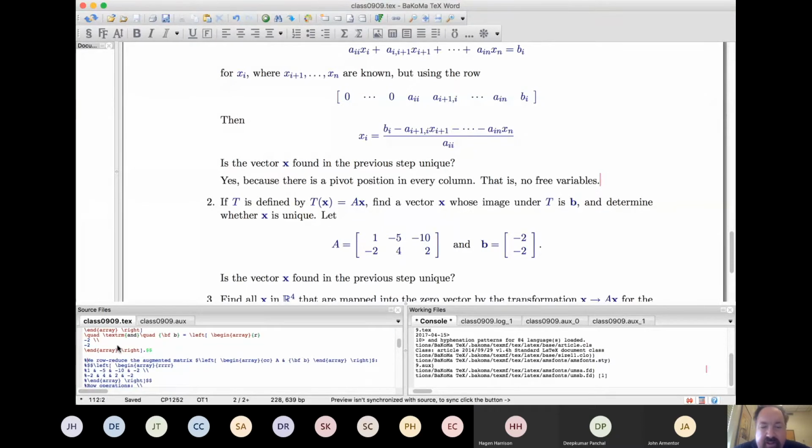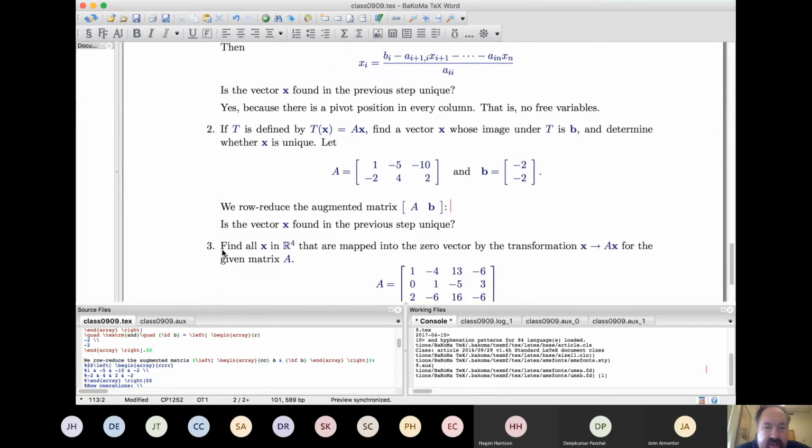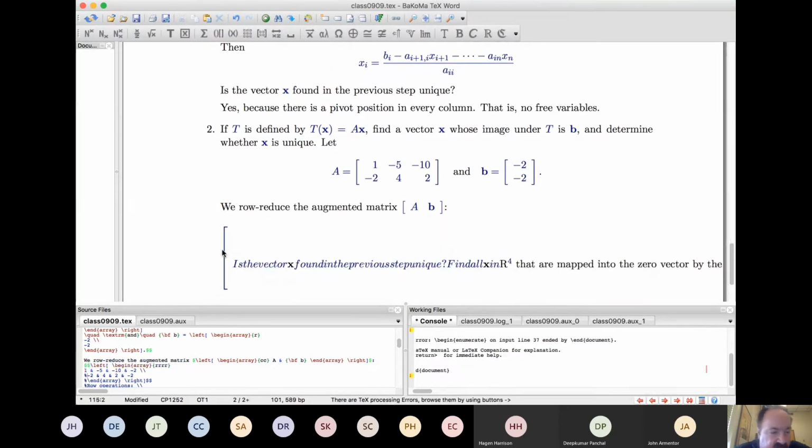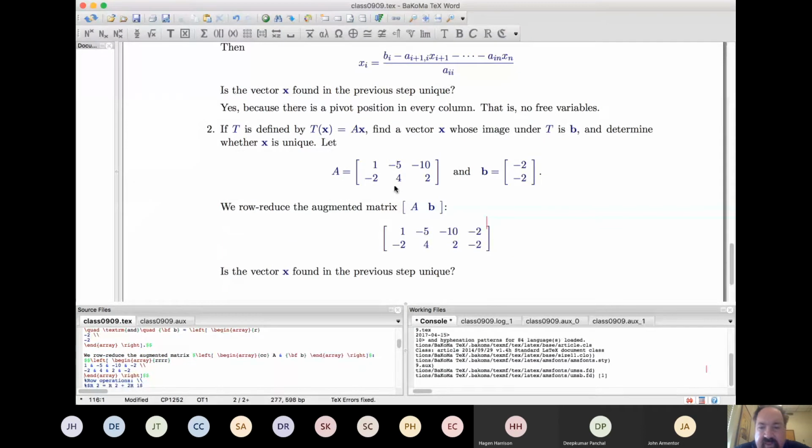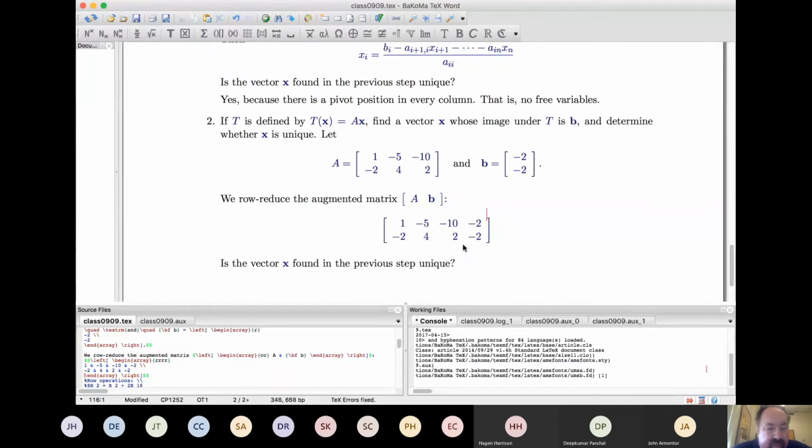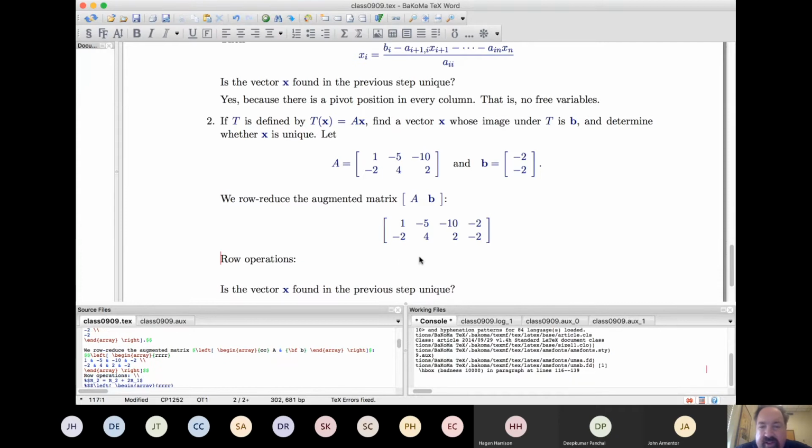So once again, you work with the augmented matrix just by throwing in this column on the right. And then we have just one row operation to perform, thankfully, because we only have 2 rows. So what would that be?